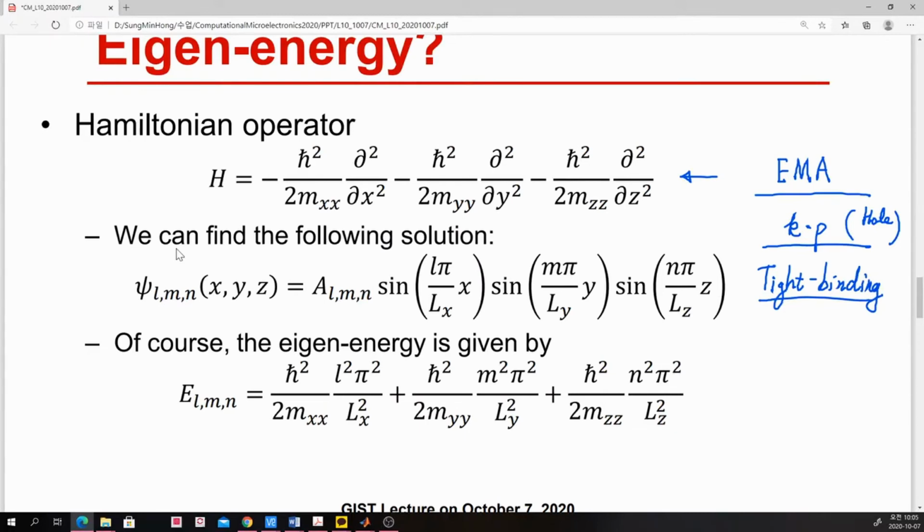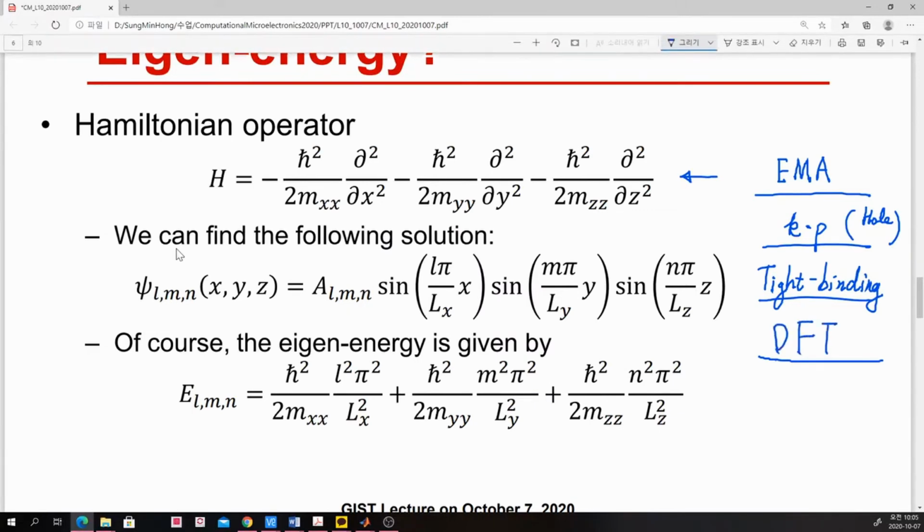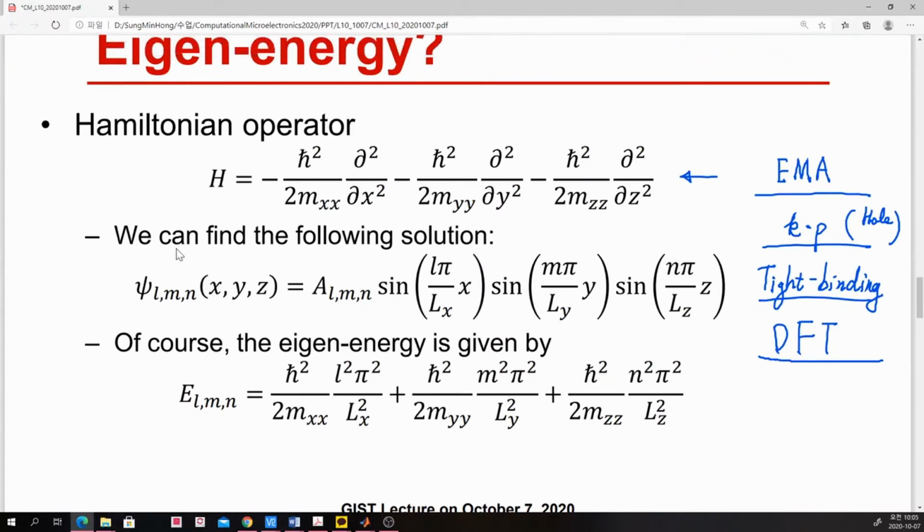However, in recent days, within 10 years, we now solve the DFT Hamiltonian. The DFT Hamiltonian is extracted from the DFT calculation for a given supercell. After that, that Hamiltonian is just used without modification.